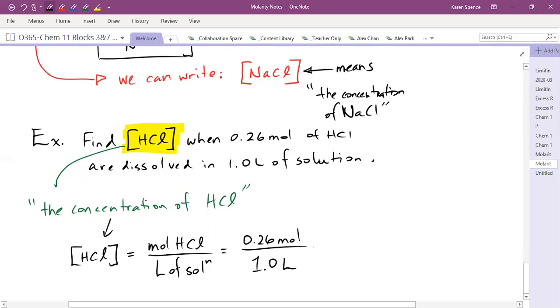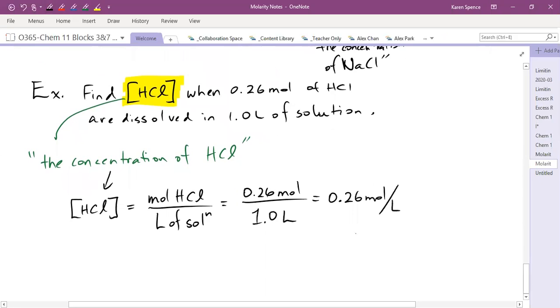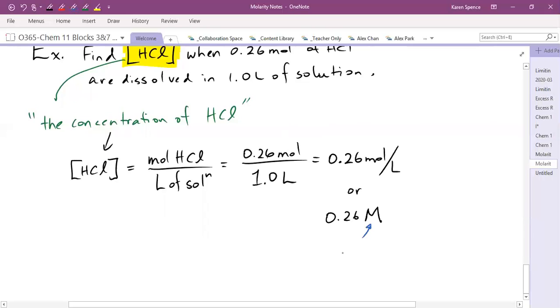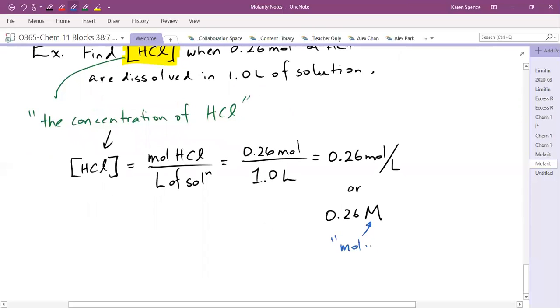And so our answer, nice easy math here, is 0.26 moles per liter, or we could write it as 0.26 molar. Remember that capital M reads as molar.